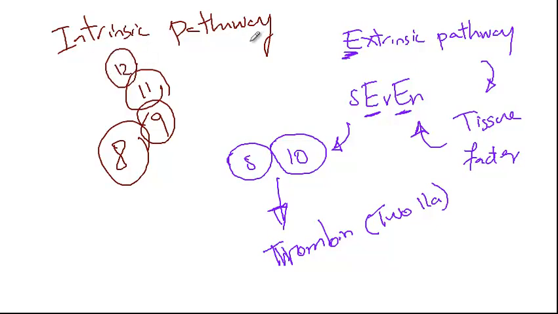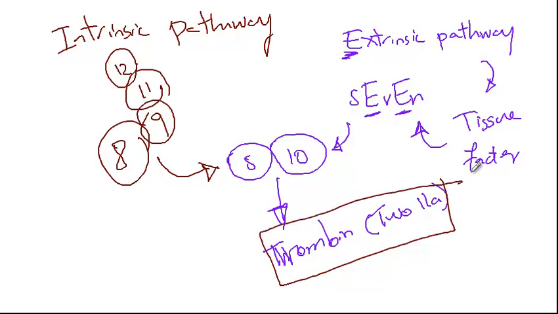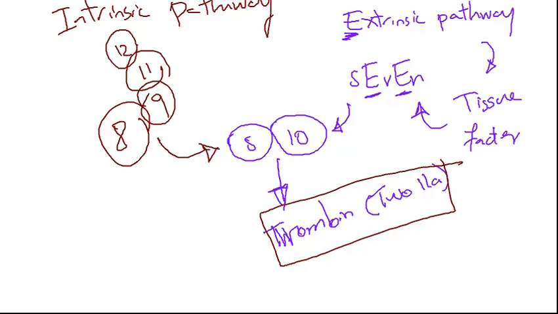So the intrinsic pathway via the kallikrein activates factor 12, which activates factor 11, then 9, and then 8. And these will activate the common pathway, and all of them again lead to the activation of thrombin. And then this is the important part.